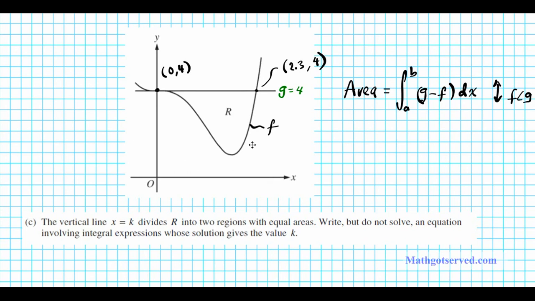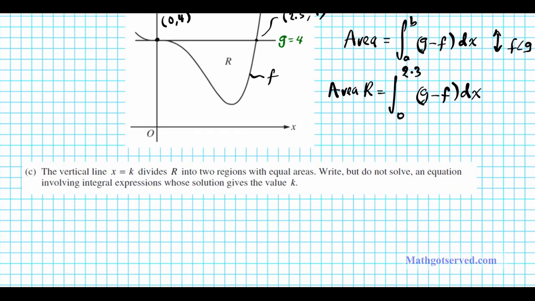Now the area of the entire region, so the area of R, is simply going to be the integral from 0 all the way to 2.3 of the function g minus f dx. Now, what is the expression that represents the area of half the region?